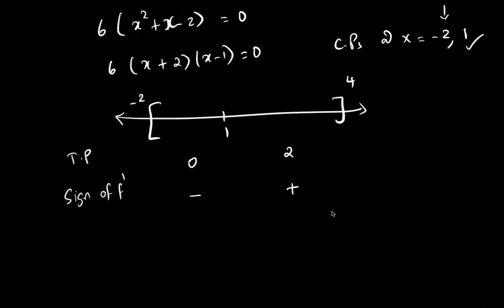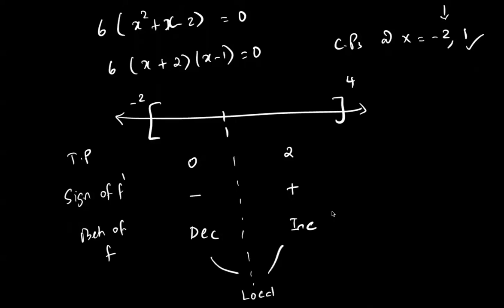So that means my function is decreasing here, increasing here. So decreasing then increasing is a local minimum. Okay, so where is my local minimum? The local minimum is at 1, comma.